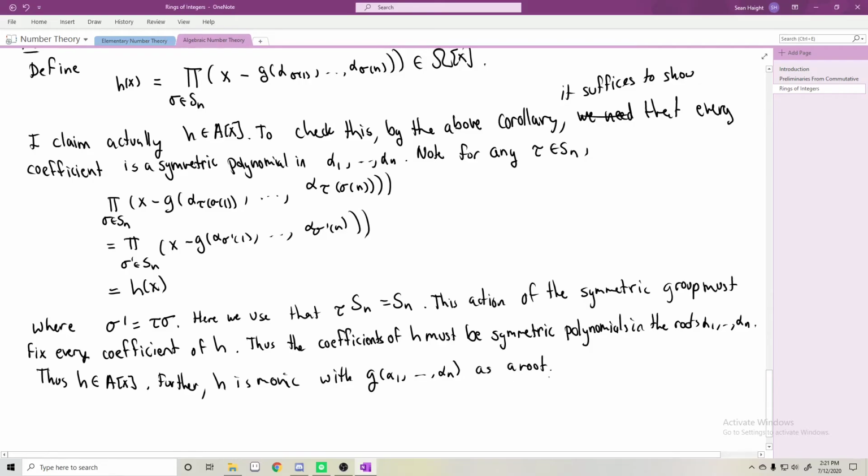Thus, this guy, g of alpha 1 through alpha n, is integral over A.